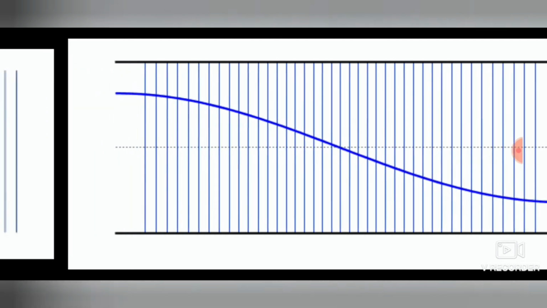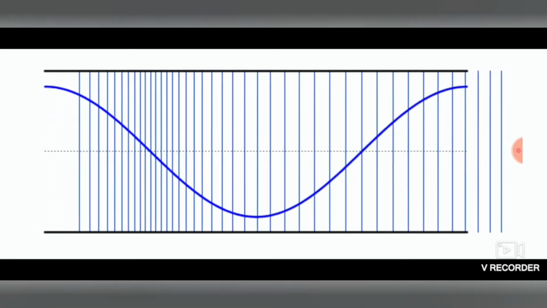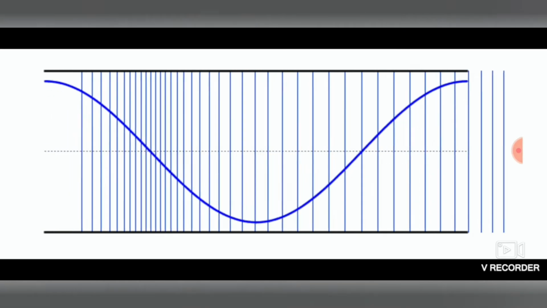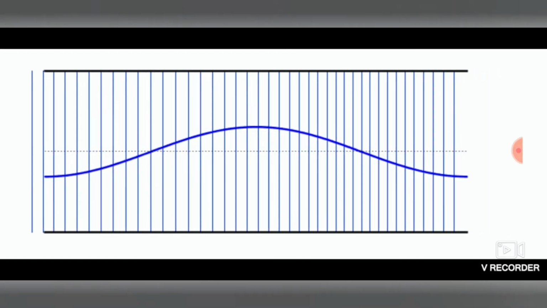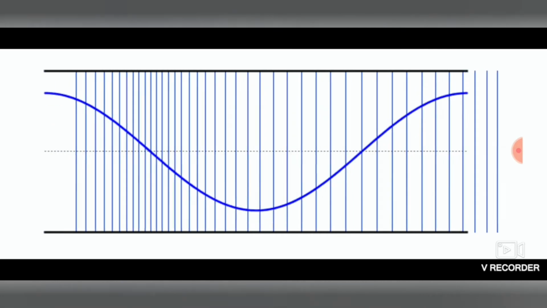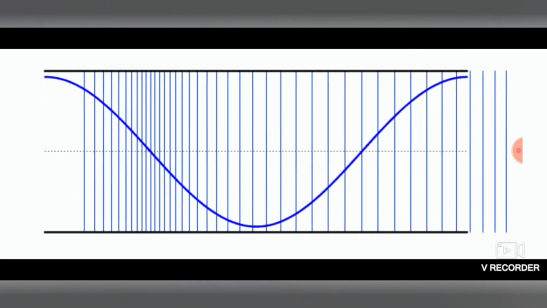If we move to the second, we can see there are 2 antinodes at both the ends, one antinode in between, and there are 2 nodes. So basically there are 3 antinodes and 2 nodes, and this is the second fundamental frequency in case of an open organ pipe.